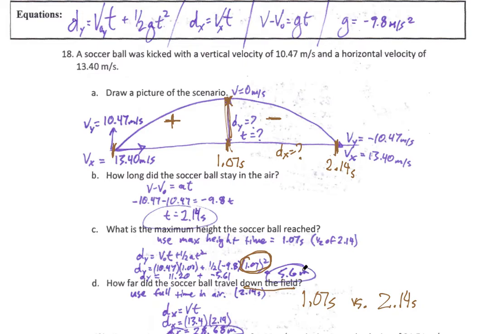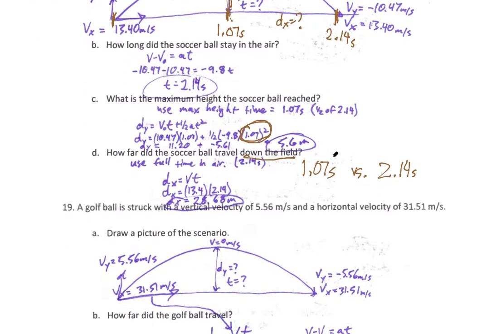And again, the reason that we used a weird time, sort of half time in part C, was because we were talking about height. Maximum height is halfway through the travel, so 1.07 is half of 2.14. And the reason I used the full time, 2.14 seconds, for part D is because I'm looking for the entire distance down the field. Well, the entire distance down the field would be the entire time that the ball's in the air for. All right, moving on.